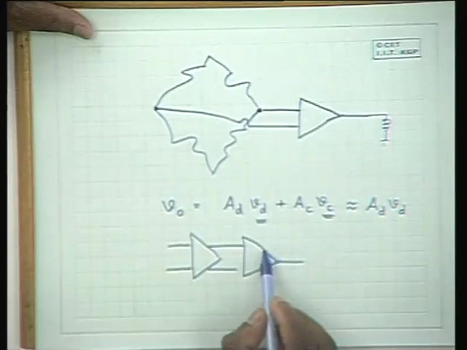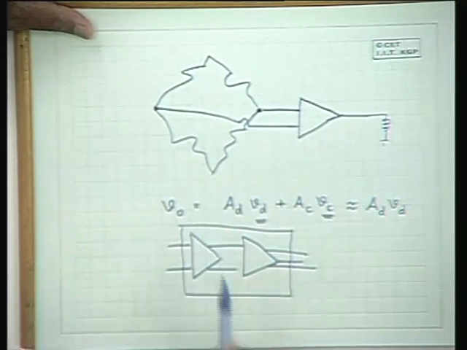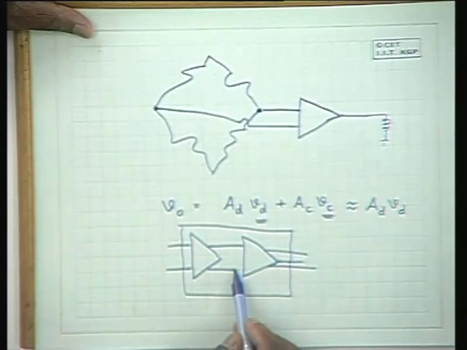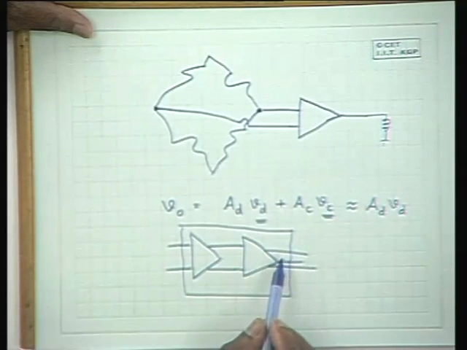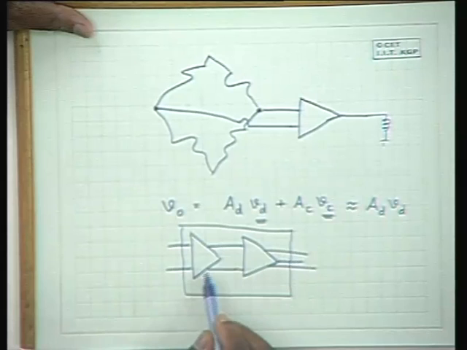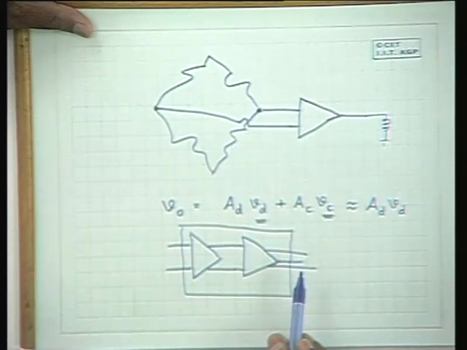Yeah, your classmate has a question there. The question is, when you cascade several such stages and make an overall difference amplifier, if you treat this as a single difference amplifier, naturally, if the loading is negligible here, the overall common mode gain is going to be equal to AC1 into AC2, the product of the gains of these two amplifiers.